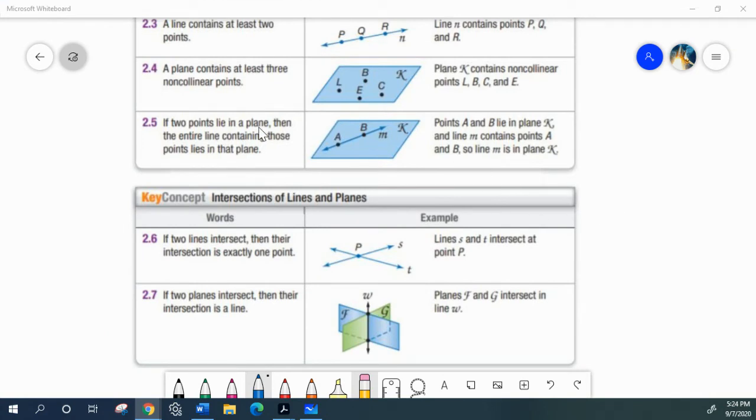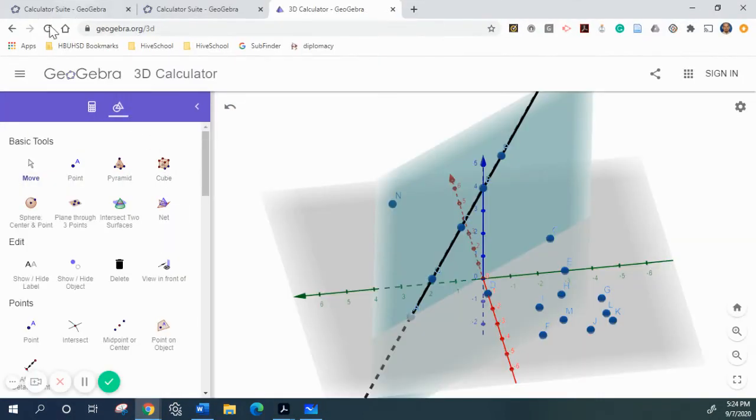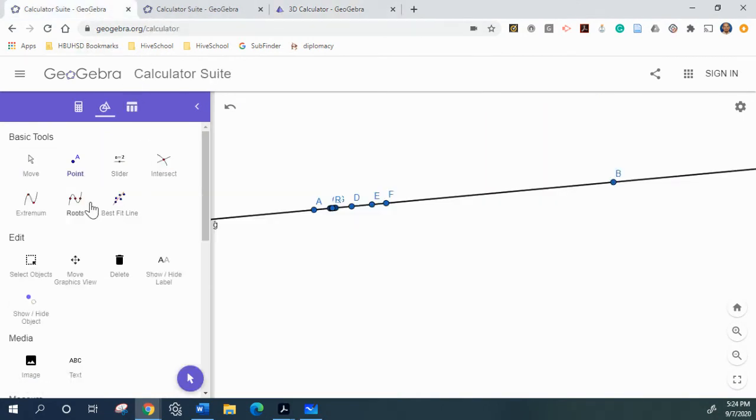Now we get to intersection. So if 2 lines intersect, their intersection is exactly 1 point, and you've seen this a million times. If I go back to my regular, let's say I have another point out here. This is the definition of non-collinear because S, B, and any of these ones are not going to be collinear.